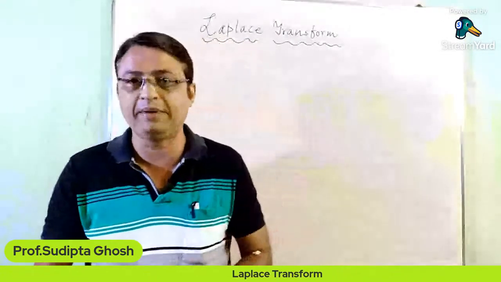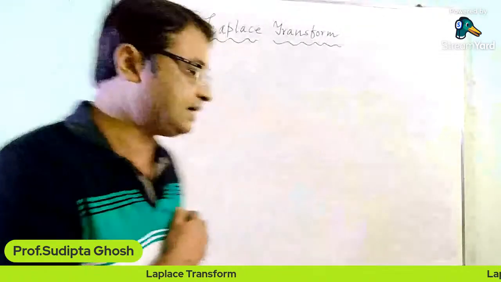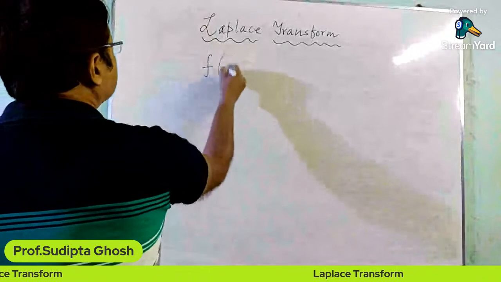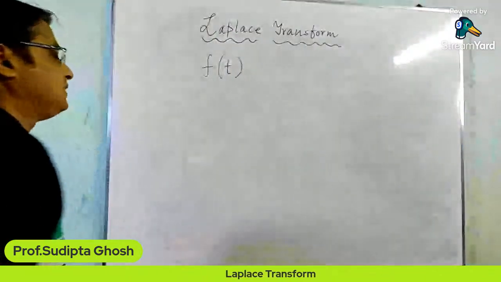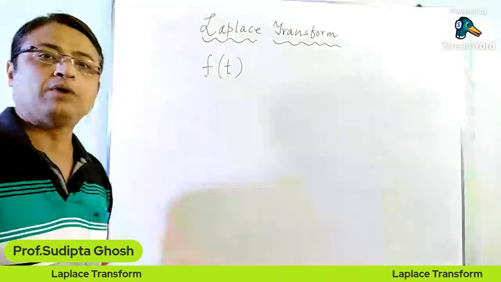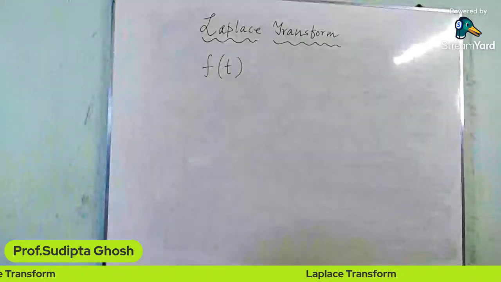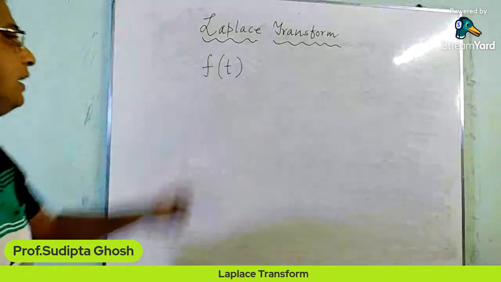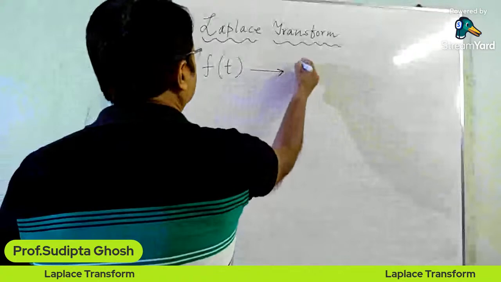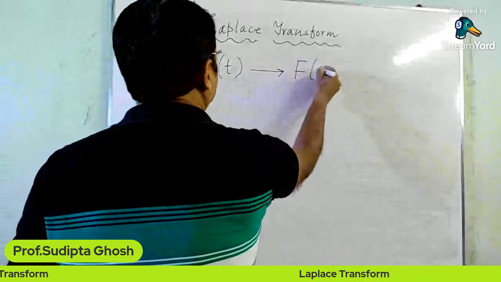Now, how can it be done? Let us define a function f of t. You can read it as a function which is defined in its time domain, and this function can be converted to its frequency domain.